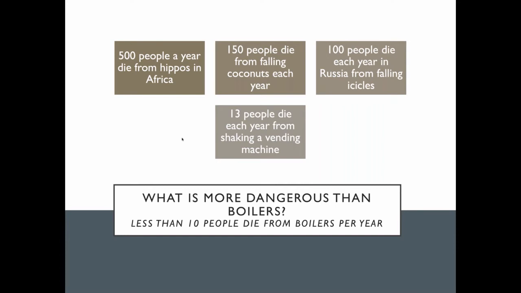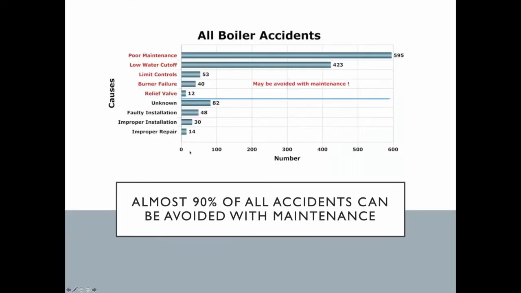We're not going to let him next to a lot of other people, but if boilers are maintained, they're very, very safe. 90% of all accidents can be avoided by just simply doing maintenance. And the industry used to classify what was the cause of boiler accidents.